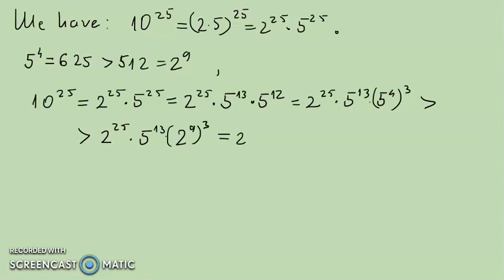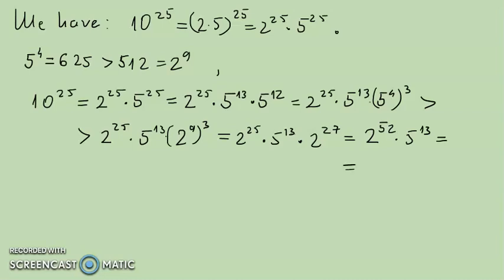And this is exactly 2^25 times 5^13 times 2^27, sorry. And this is equal to 2^52 times 5^13.